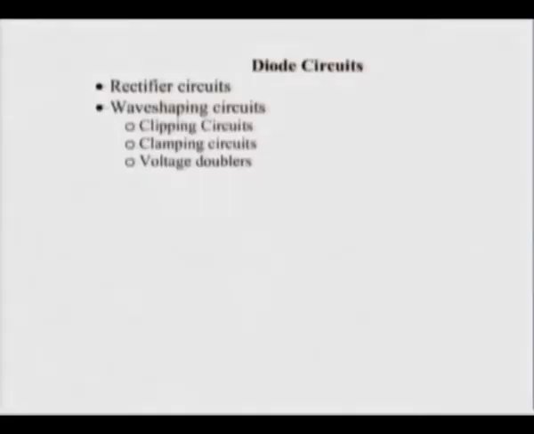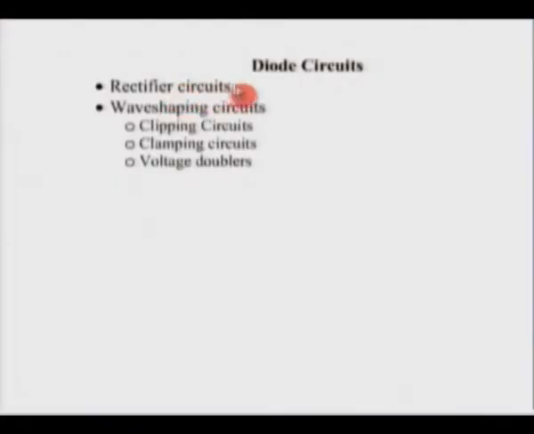Now, when we talk about diode circuits, we talked about three types of special diodes. We talked about varactor diodes, we talked about LEDs, we talked about laser diodes, we also talked about photodetectors, and then we talked about an application where you would use both a photodetector and an LED, and we said it is an optocoupler.